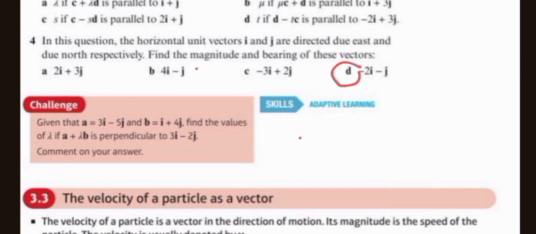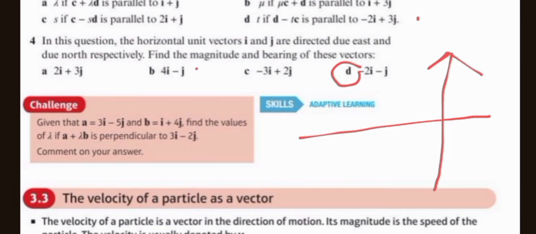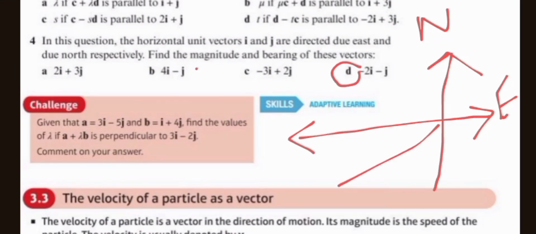Now for the bearing. It means the angle it makes with the north. So this one is the north, east, so this is somewhere here.